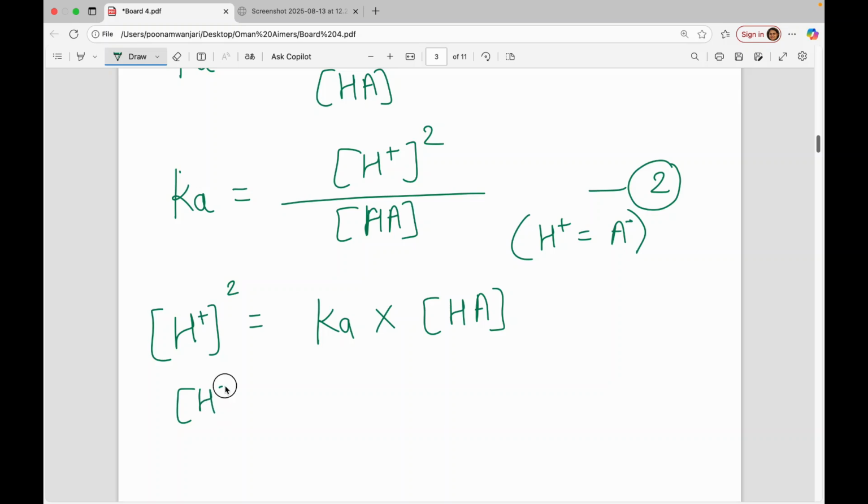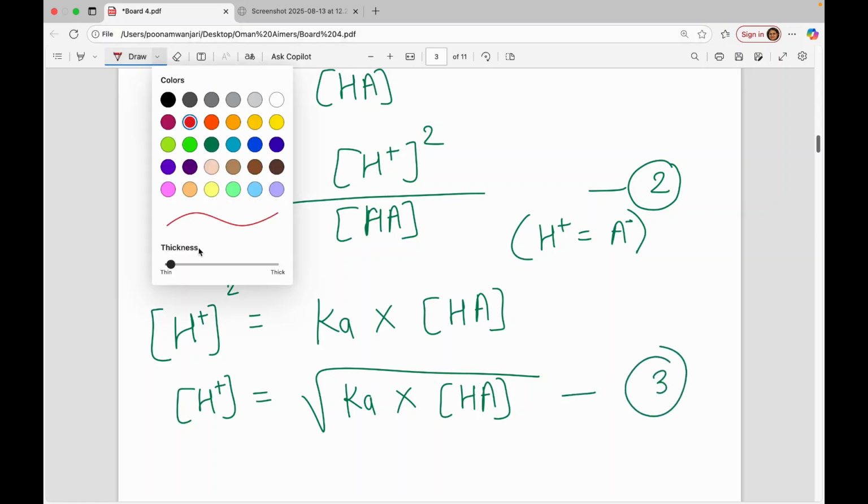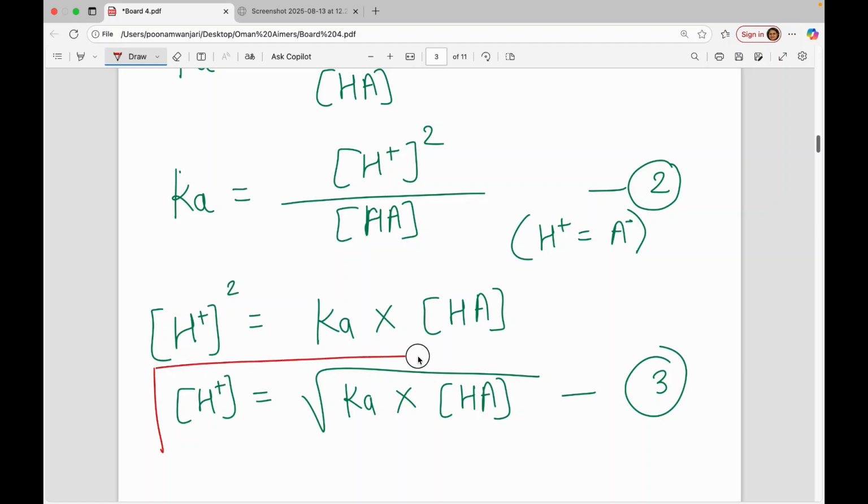So it means H plus is equal to under root of Ka into concentration of acid. This is a very important equation, student. Every time you do not have to derive all these things. As soon as you see weak acid in a problem, directly you need to use this equation, that is concentration of hydrogen ion is equal to under root of Ka into concentration of an acid.